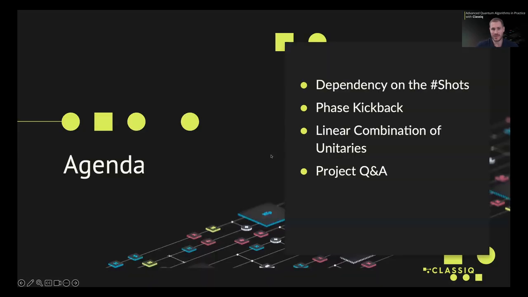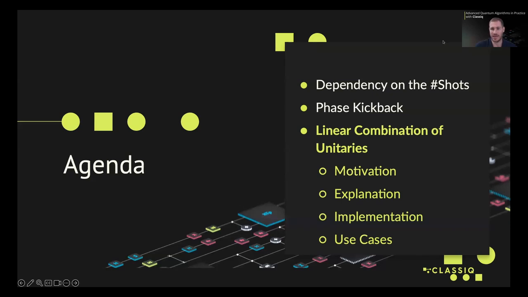Okay, so let's move on to the second quantum primitive of today's session. And this is linear combination of unitaries. Now, this is the last quantum primitive that we will cover for the module. And next week, we'll cover a more general quantum framework. But this is quite an advanced algorithm.